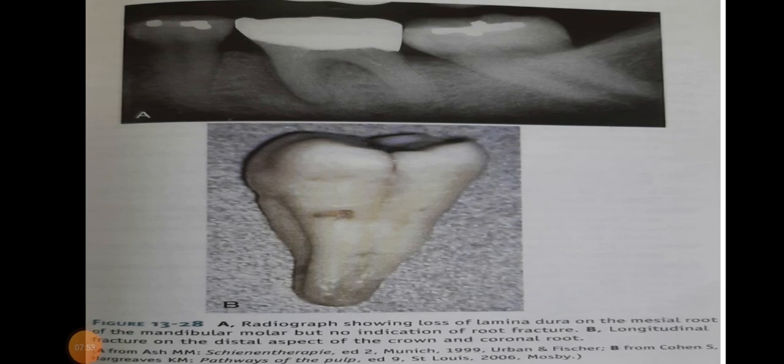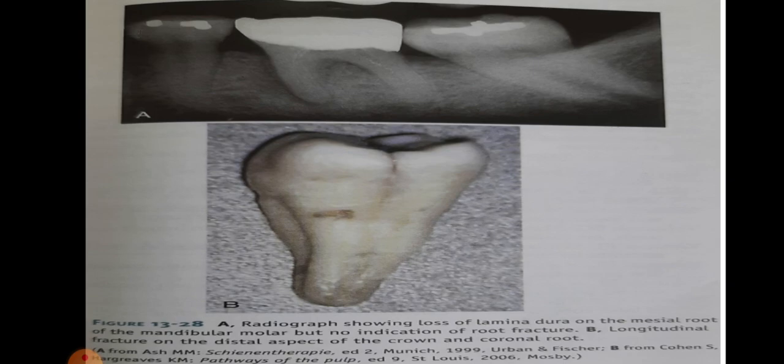Fractures may be an extension from the crown and may extend to the pulp or involve only the root adjacent to the periodontal ligament. Horizontal root fractures are most likely the result of external physical trauma or clenching and bruxism.